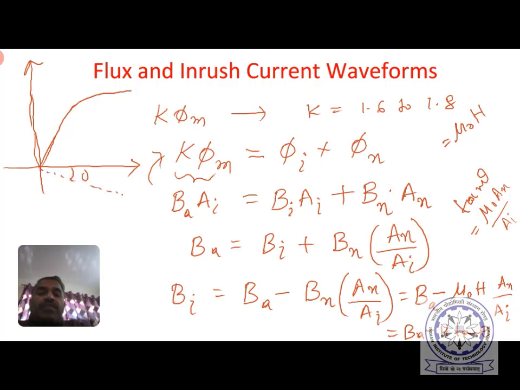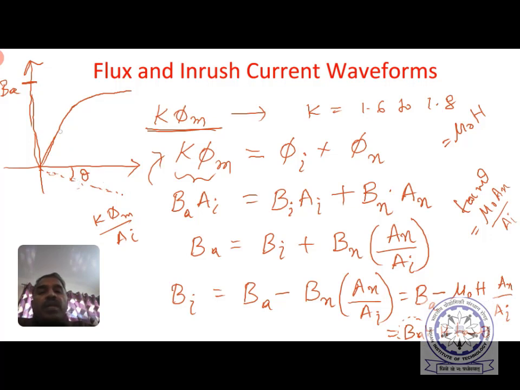This is theta, where tan theta equals mu naught An by Ai, and then identify the Ba, apparent flux density, which can be calculated using this one. Ba is simply k phi m by Ai. So locate Ba here. And this is the minus H tan theta line.